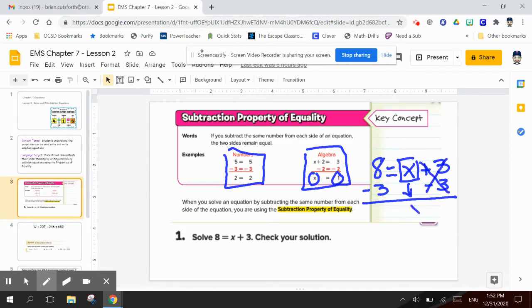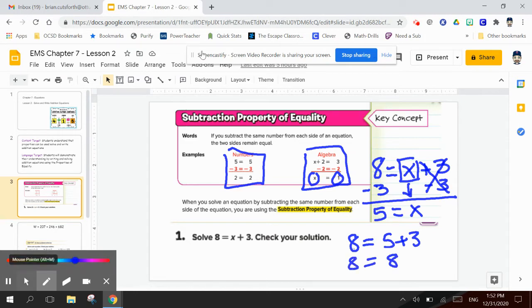All I'm left with is x equals 8 minus 3, which is 5. And I can check my solution by putting in that value for x. So 8 equals 5 plus 3. 5 plus 3 is 8, so 8 equals 8.